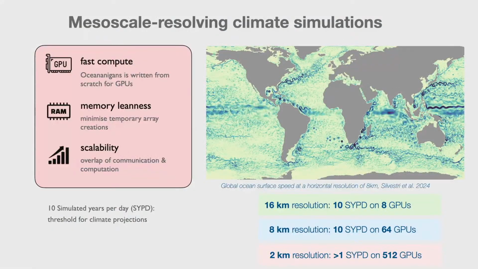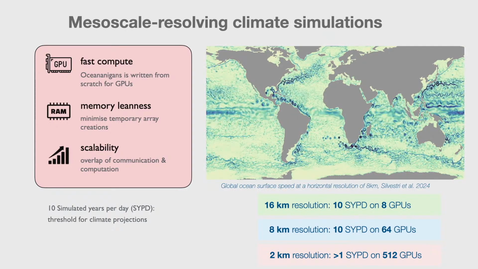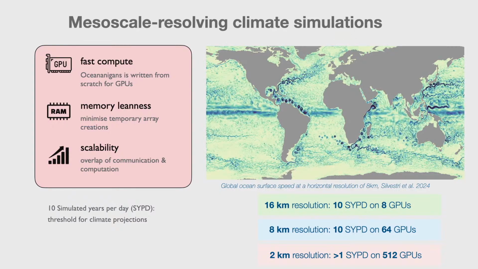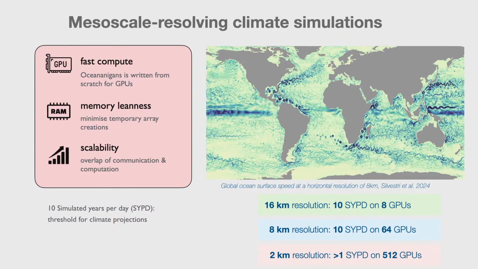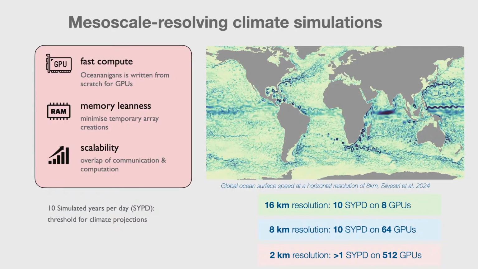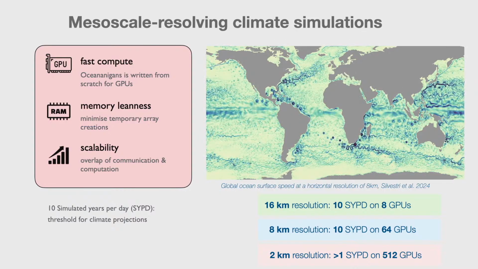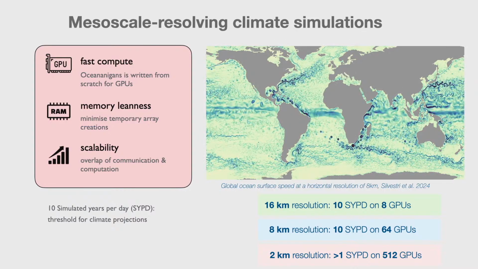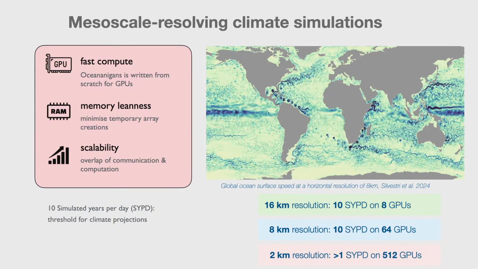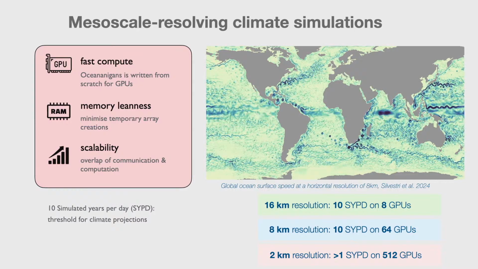The whole performance comes from the fact that we use GPUs and we use the Julia language. So GPUs are perfect for CFD simulations because they're intrinsically parallel. So CFD is basically a set of very simple instructions done on a huge parallel grid. So GPUs are extremely well suited for CFD. So just by coding efficiently for GPU, we can achieve incredible speed up when compared to state-of-the-art ocean models.